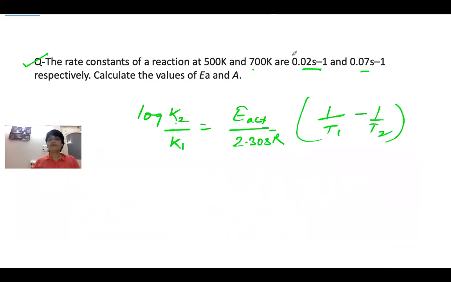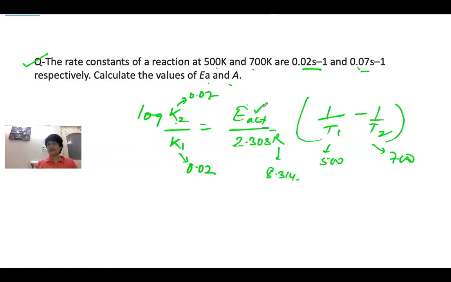K1 is at 500, which is 0.02, and K2 at 700 is 0.07. They are asking you to find E act. So first, R is 8.314, and accordingly you can find E act.